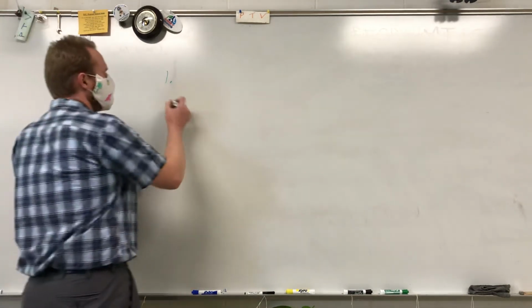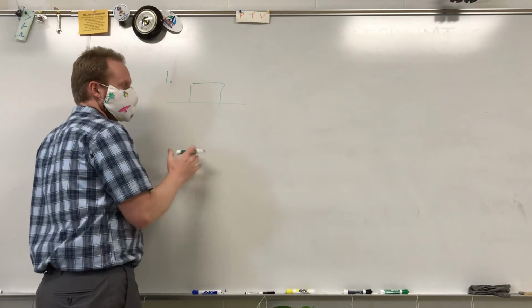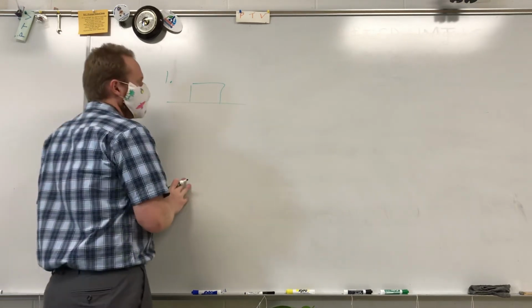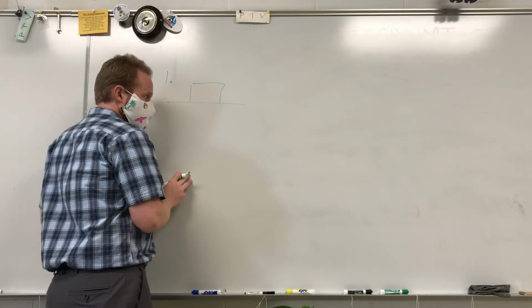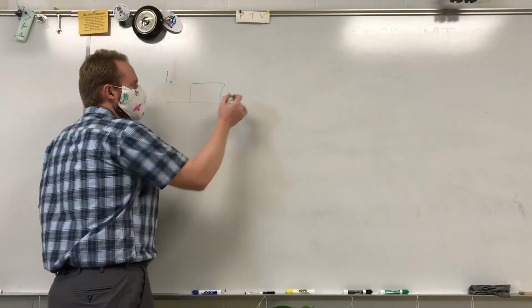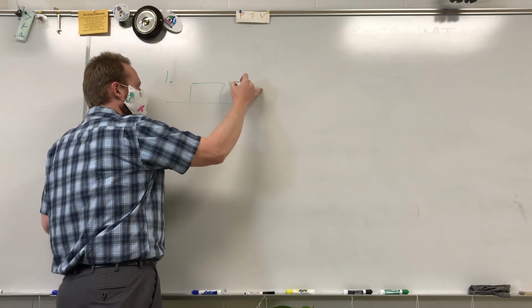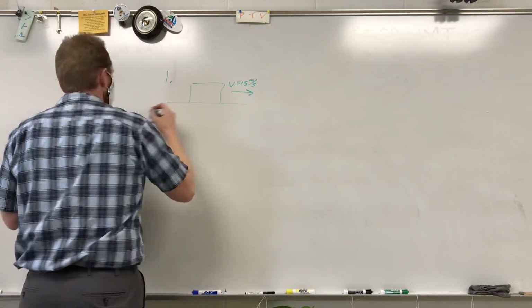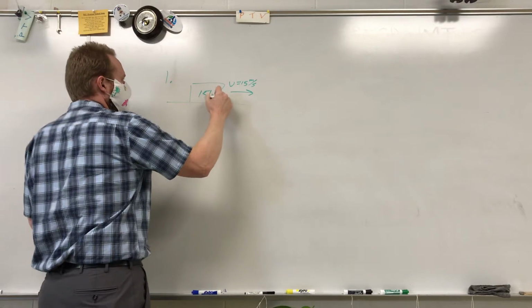Pictures are pretty good. It doesn't tell us whether that block's moving vertically or horizontally because it doesn't say it's falling. I'm going to go with it's moving horizontally. It talks about an object moving with a velocity of 15 meters per second, and it has a mass of 15 kilograms.